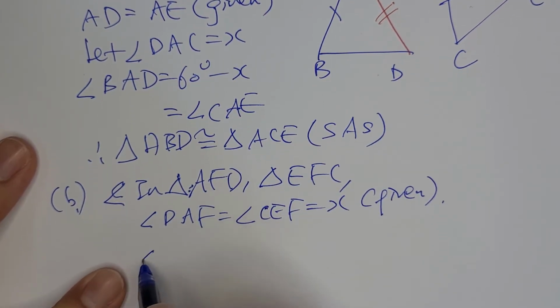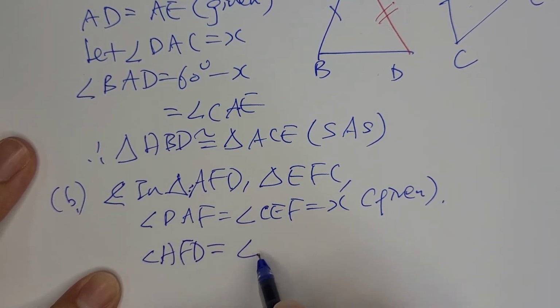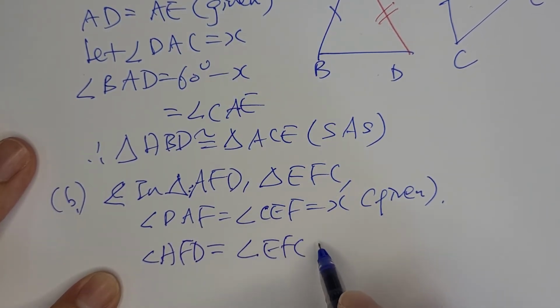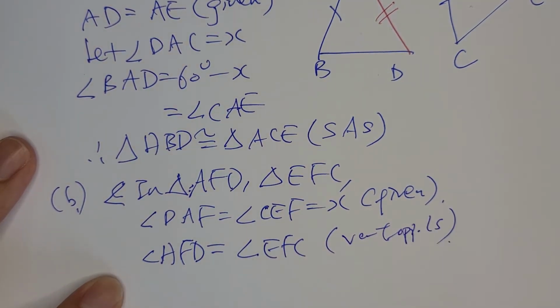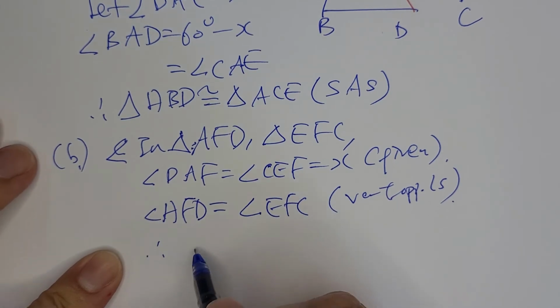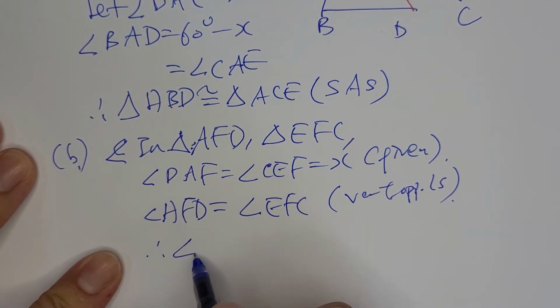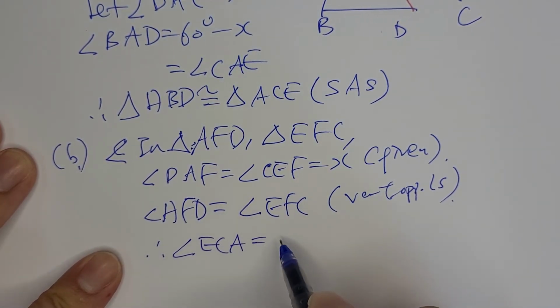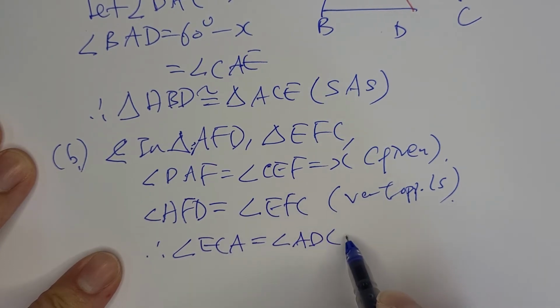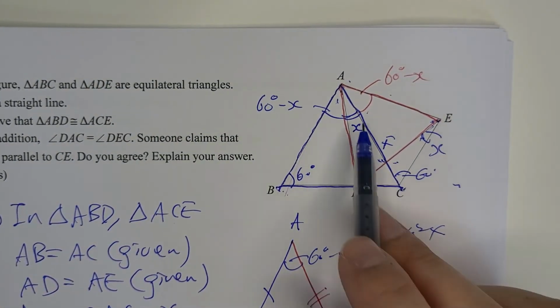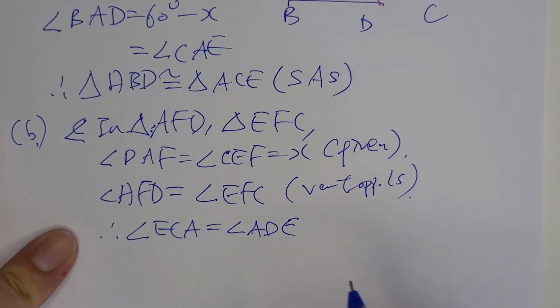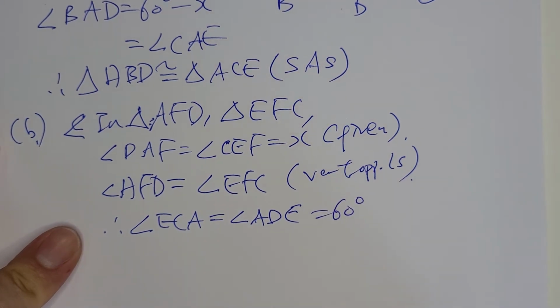And next, angle AFD equals angle EFC, vertically opposite angles. Okay, therefore the third pair, the remaining pair, will also be equal. Therefore, angle ECA will equal angle ADC, or ADE is okay. Therefore, the third angle, ECA and ADE, will also equal 60 degrees.